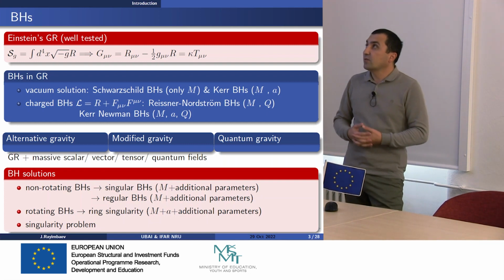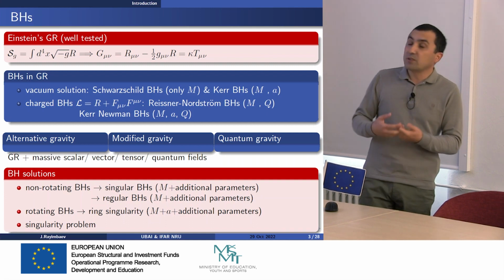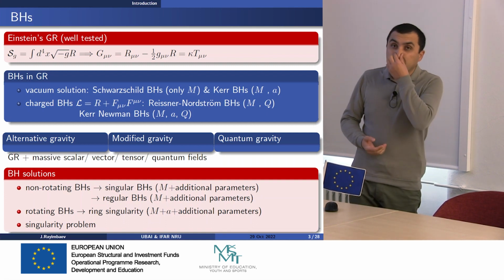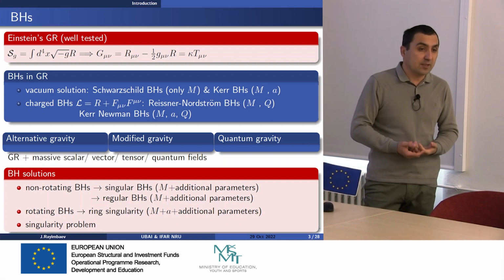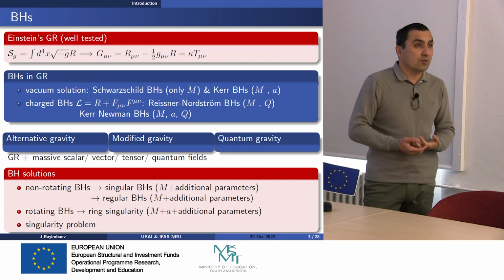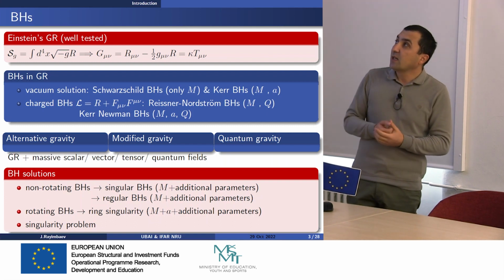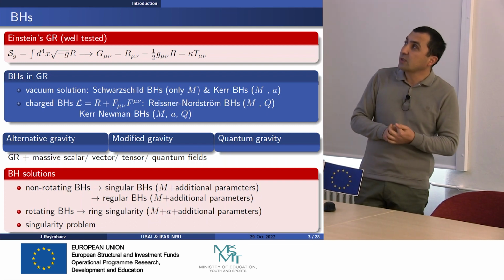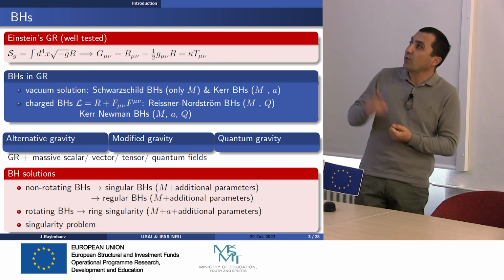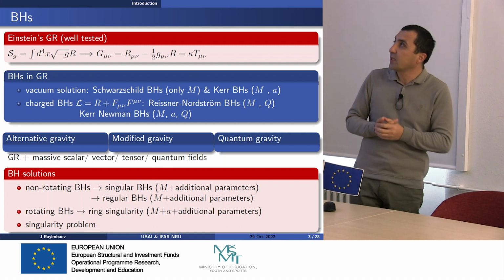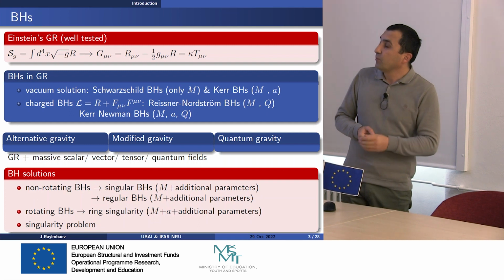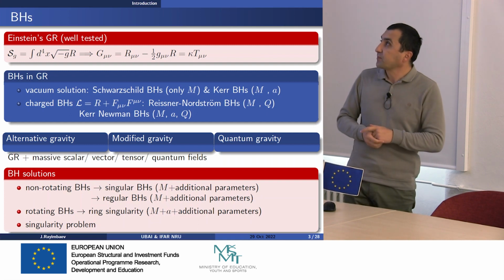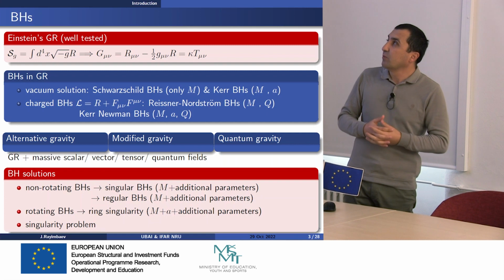From a mathematical point of view, these black holes are solutions of the gravitational field equation. For the first time, the solution of Einstein's field equation was found by Karl Schwarzschild, and in the same year by Reissner, for a point-like spherically symmetric black hole.